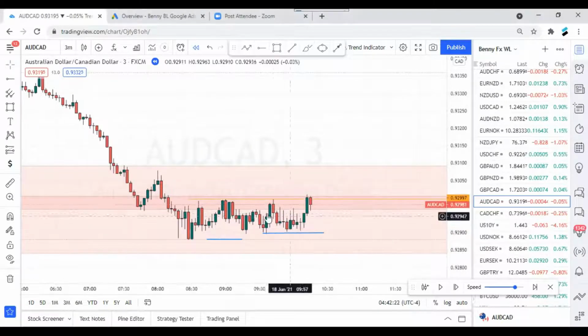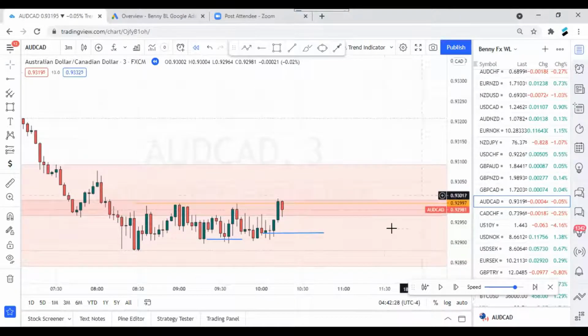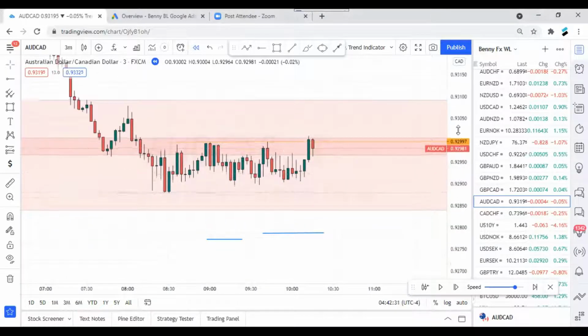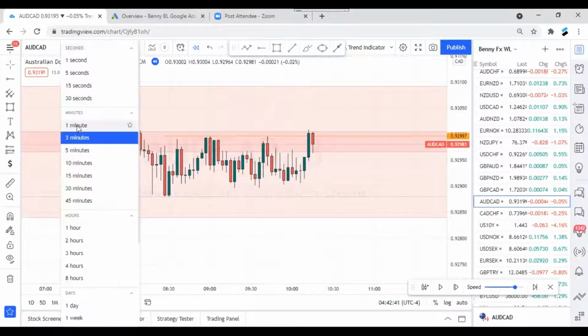So let's see. Okay, so we have price trade higher. See these two bullish candles. So we took out the stop loss above the two swing highs. Now we go to the 1 minute time frame.